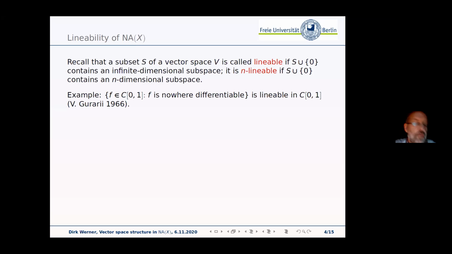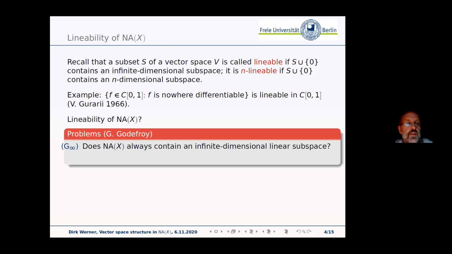Later it was proved that there's even a closed linear subspace consisting of nowhere differentiable functions and isomorphic to little l1. This was proved by Gurariy, Fonf, and Kadets. And in fact, it was proved that every separable Banach space can occur as a subspace of this example.